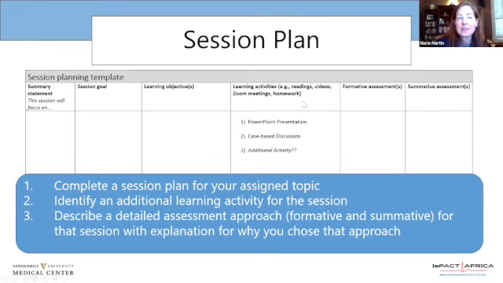Then your learning activities, which you'll complete for this program: a PowerPoint presentation of your content, a case-based discussion, an additional activity, and then a formative assessment and a summative assessment. We will walk through all of those components in this course, but this will be one of your deliverables.